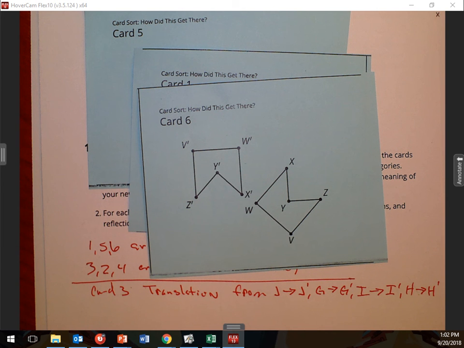What's your partner's name? What do you think? Card 5, what do you think? So how would you get T onto T prime and R onto R prime?